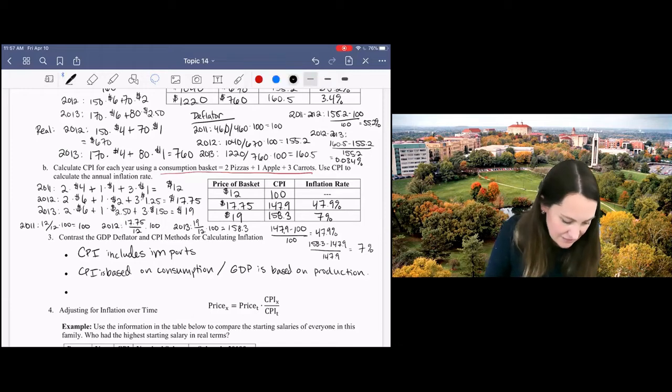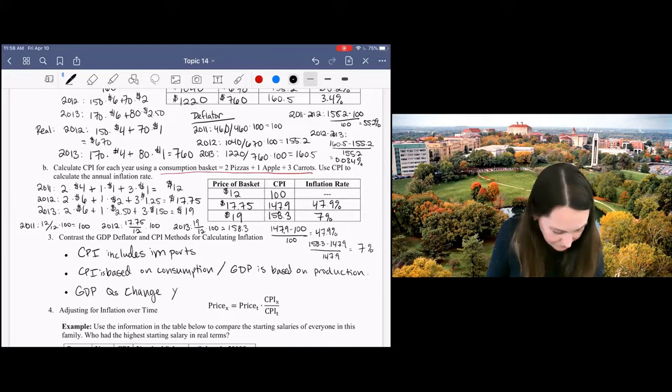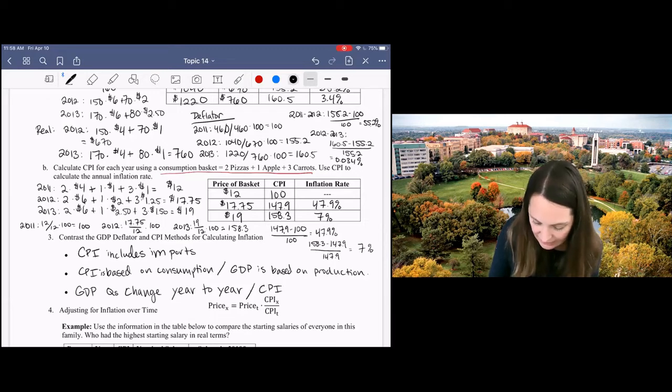All right, and then the last thing here is that the GDP quantities, you'll notice that the GDP quantities change year to year. Whereas the CPI, the basket, is fixed.